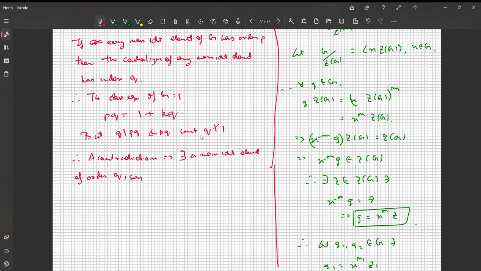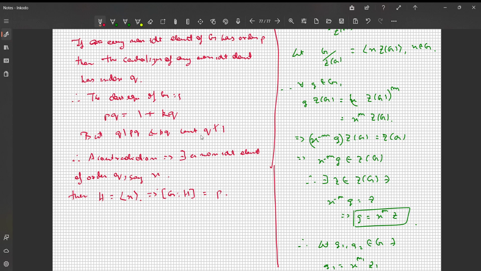Say the element is X. Then suppose we consider the subgroup H generated by X. Then the order of H is Q because the order of X is Q. So what is the index of H? That implies the index of H in G is P, right?